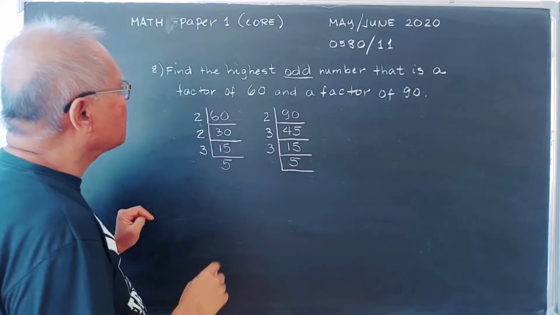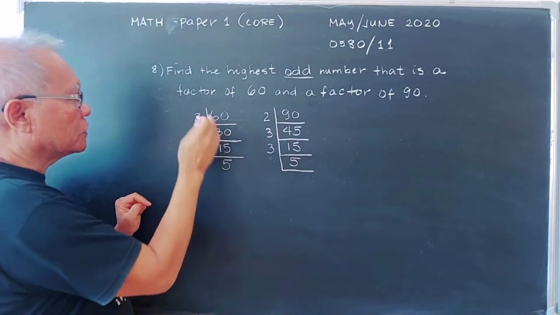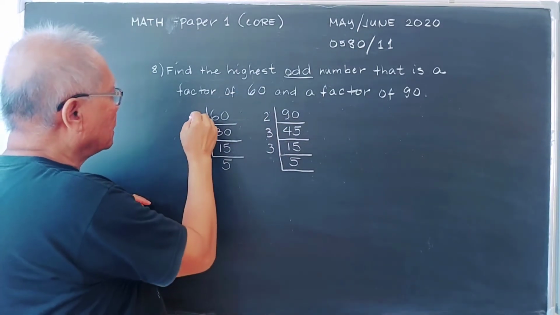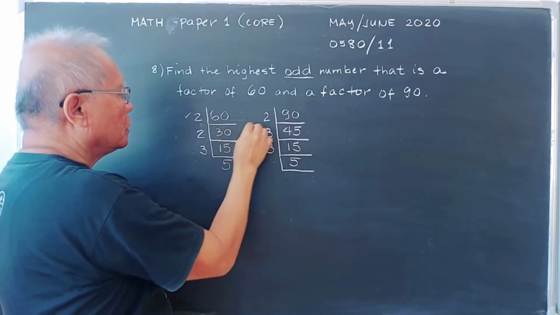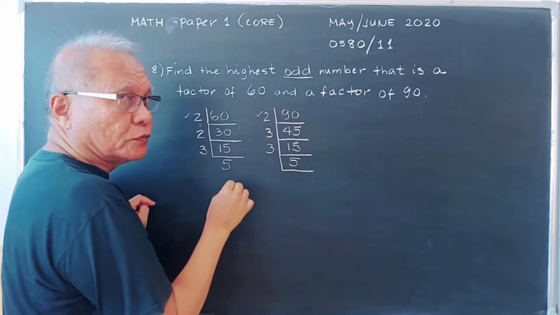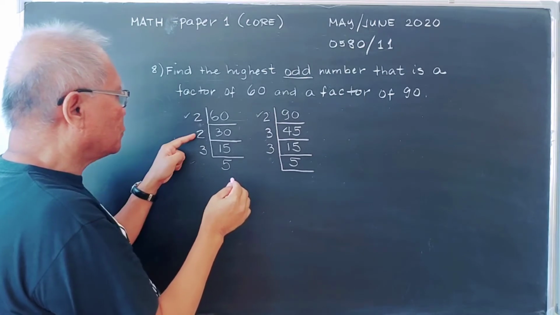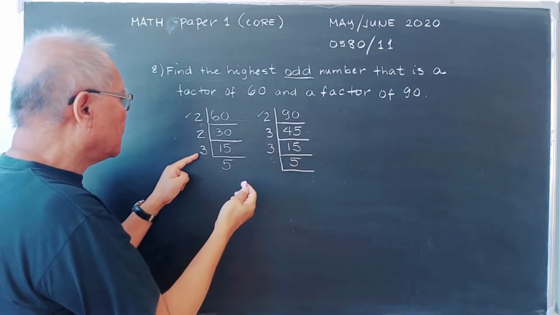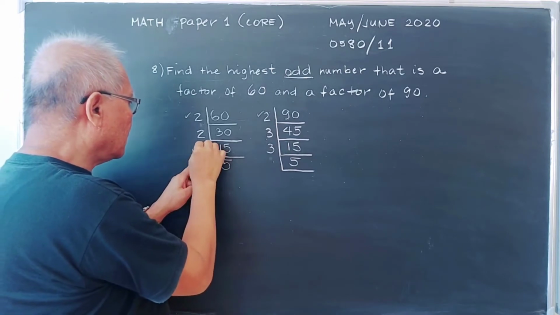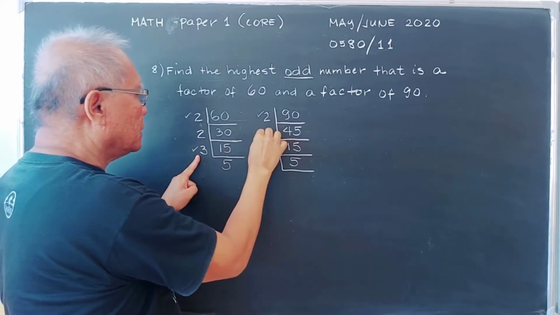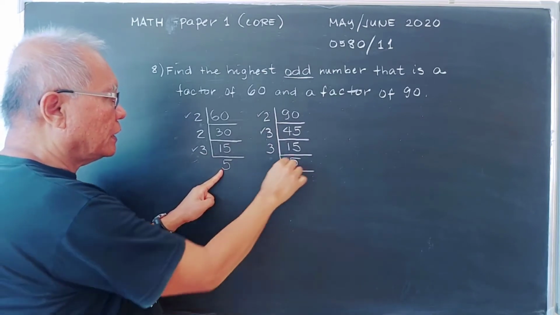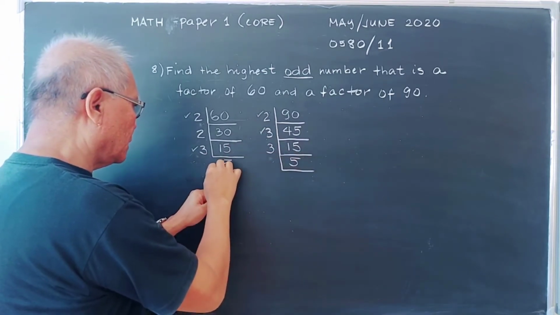Okay, let's have the numbers common to 60 and 90. So we have here the 2 and the 2. The 2 here, we don't have the 2 anymore there. The 3, yes, we have the 3 here and the 3 here. The 5 here and the 5 here.